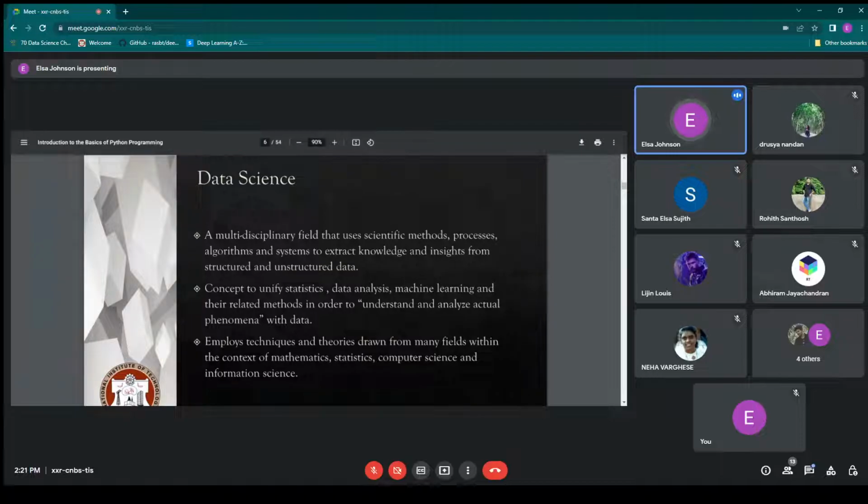Then it is a concept that will unify statistics, data analysis, machine learning, and the related methods in order to understand and analyze actual phenomena with data. Then it'll employ techniques and theories from many fields like mathematics, statistics, computer science, and information science.